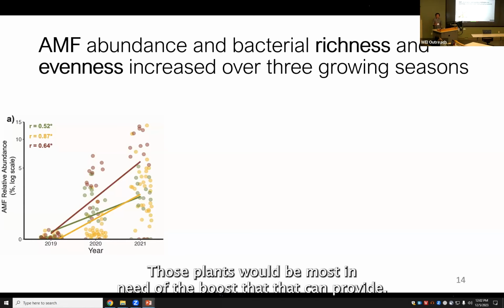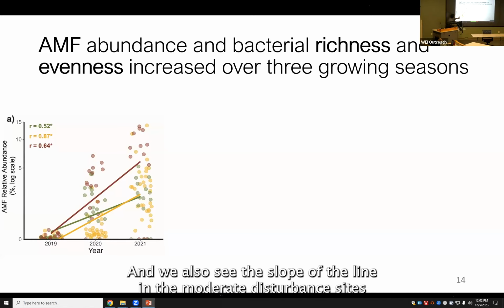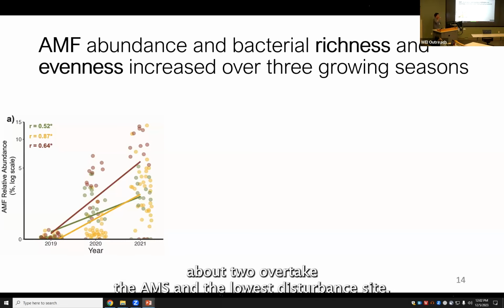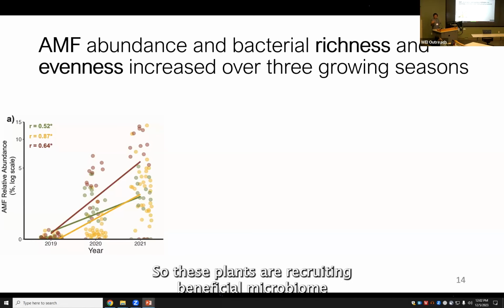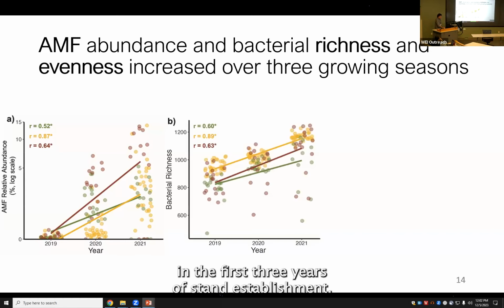Those plants would be most in need of the boost that AMF can provide. And we also see the slope of the line in the moderate disturbance site. It's about to overtake the AMF in the lowest disturbance site. So these plants are recruiting beneficial microbiome in the first 3 years of stand establishment.